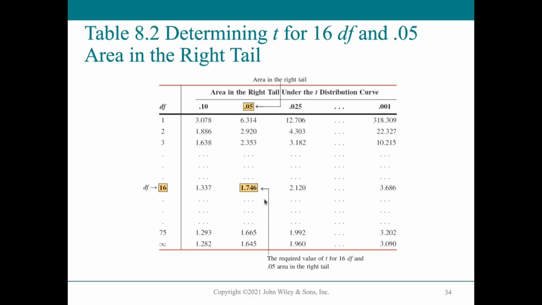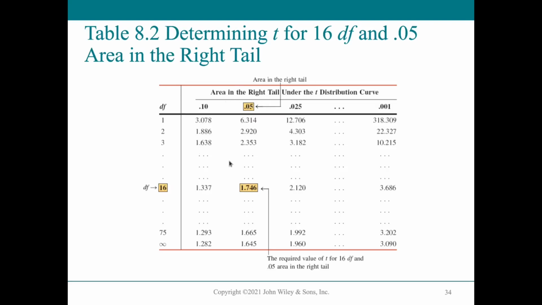For a t distribution, the leftmost column is our degrees of freedom, and the area under the right tail of the t distribution curve is the header. These individual points inside the table are the points t on the number line, the horizontal line. So these are the points t that correspond to a certain area under the curve.